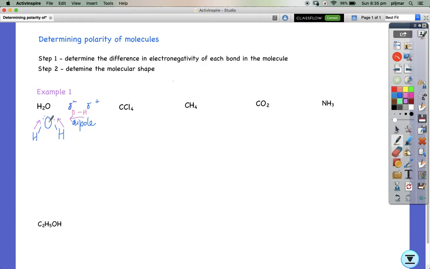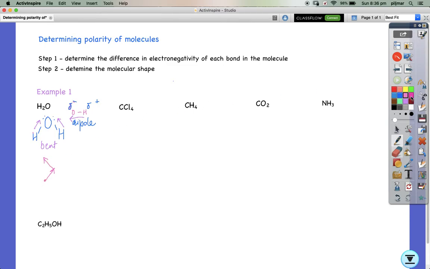In our previous studies of molecular shape, we know that water is a bent molecule. So all we're going to do now is a little bit of vector addition. With vector addition, we note the point where the vector starts and then the point where the final vector finishes. We've got the first force, which is attracted towards the oxygen, and then the second one is attracted towards the oxygen in the other direction.